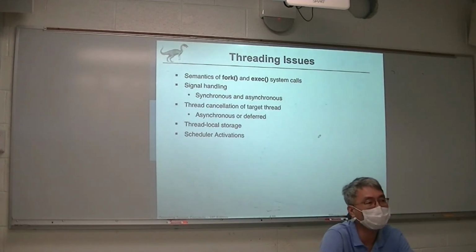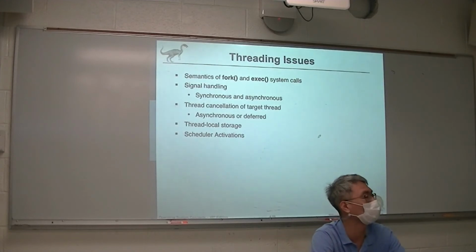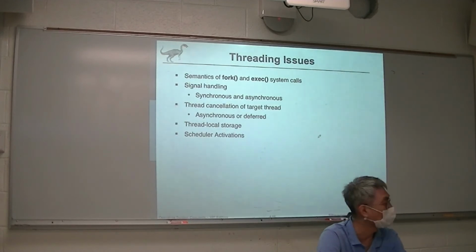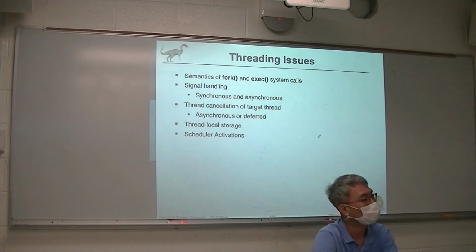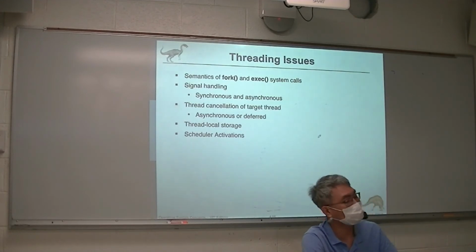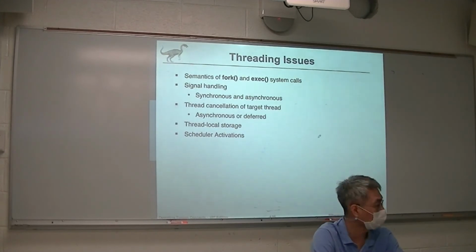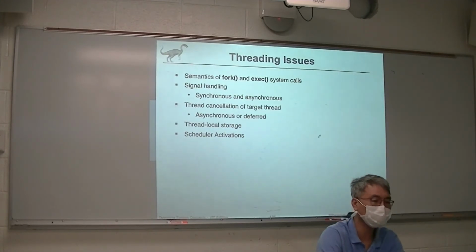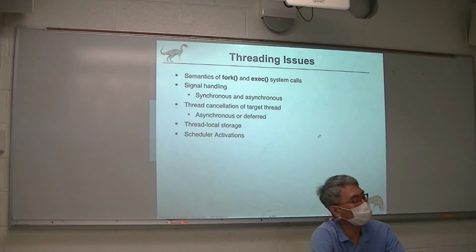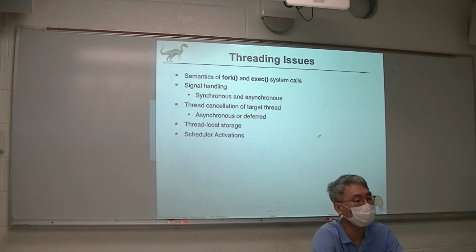But as a computer science major, I think you should at least know Java threading, where the user creates the thread in their own code. So why don't you try to create a thread? And one more thing, if you can create a number of threads, is communication between the threads. There are a number of issues when you are using threads because it's a minimized version of the processes.